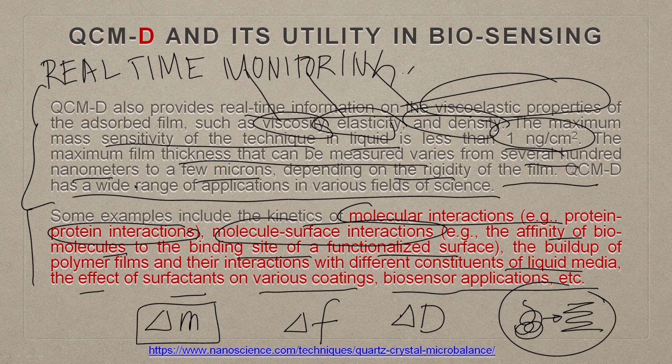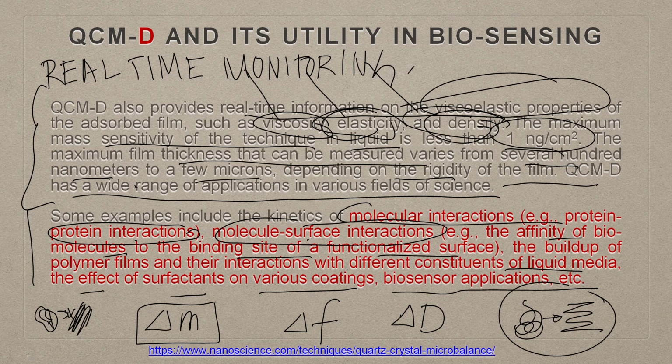And again, to reiterate, protein-protein interaction. So, for example, you have one set of protein and there is another set of protein, how they are interacting, you can monitor it. Molecule to surface interaction. So, you can coat the surface with certain things, whether it is a hydrophobic surface or a hydrophilic surface, based on its viscoelastic nature, because you are taking into account the viscosity, mind it, elasticity and density. You can see the change. How much is the interaction happening?